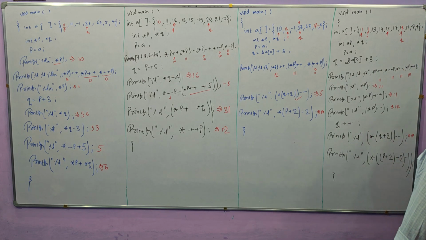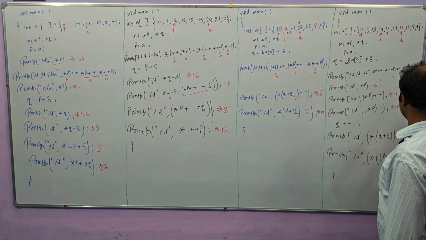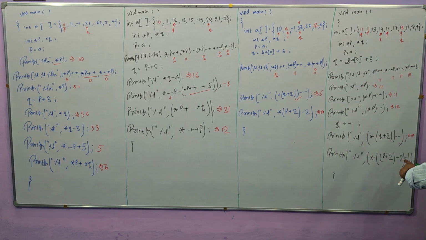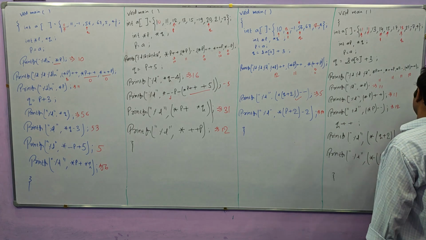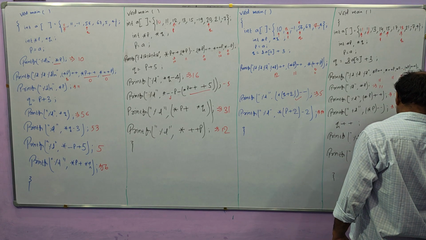Now in p plus 2, that means p points to this, and we dereference it, with the value becoming, pointing to this.